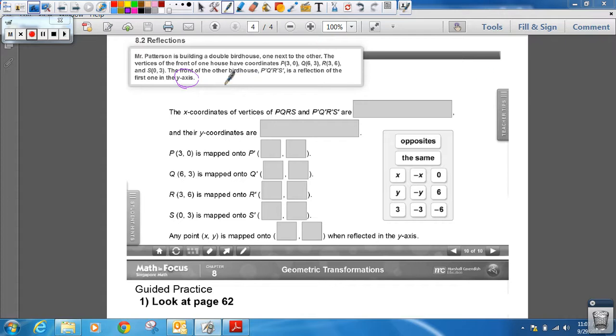We do negative x, y. So over here, if I fill in my information, the x-coordinates of the vertices are opposites. That's why it has the negative in front of it. Their y-coordinates are the same. So P was at 3, 0, and we said we're going to change all the x-coordinates to the opposite, and the y stays the same.